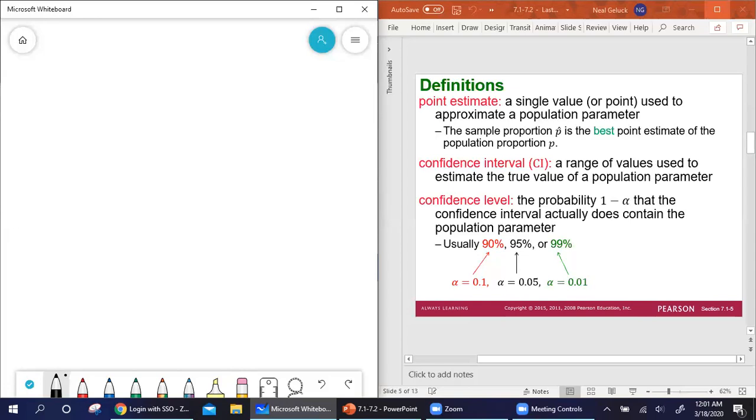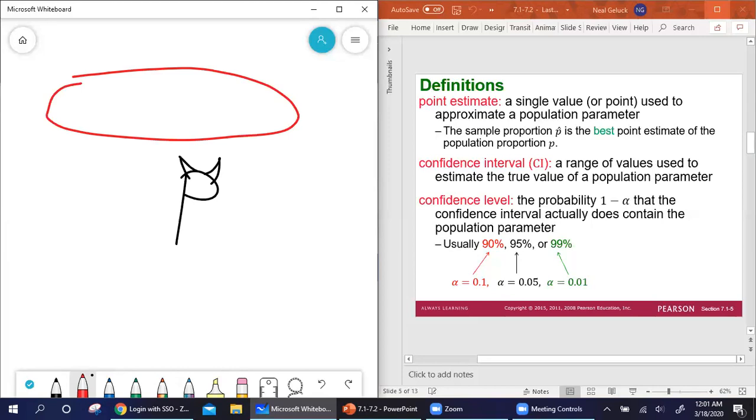I think of it like a lasso. So the population parameter, in this case, it's a proportion. Yes, lots of P words. So there's some P. Think of it as a little cow. That's supposed to be a cow that I'm trying to lasso. I don't know it, but I can get close to it with a lasso that has a low and a high end.